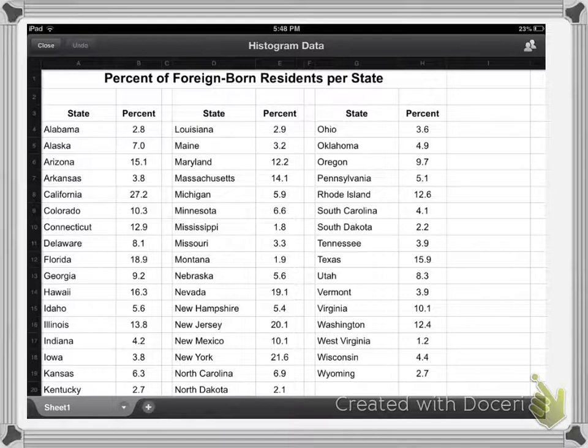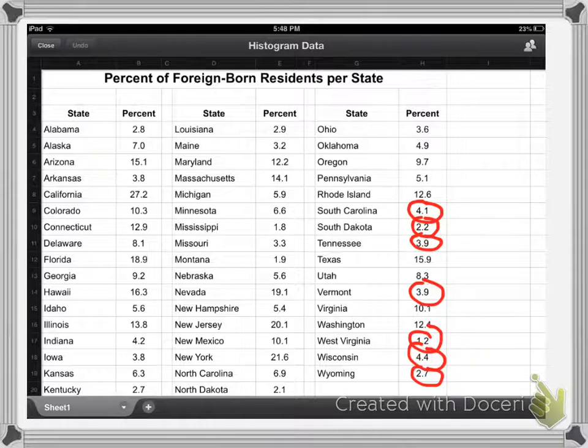So that means, for instance, anything between 0% and less than 5% will go in the first bin. So West Virginia will go in that first bin, Wyoming, Wisconsin, Vermont, Tennessee, South Dakota, South Carolina, etc. There are several states that'll fall into that first bin.